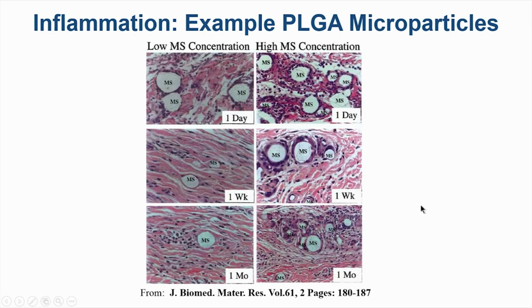So here are some examples, not necessarily for complement but for inflammation in general. This is just showing how quantity can also matter. In this case you are using PLGA microparticles. All these white regions marked MS are microspheres, and what you are seeing is two sets of animals, in one of which you have put in a low concentration of PLGA microparticles and in another a high concentration, and even just that can result in quite dramatic effects.